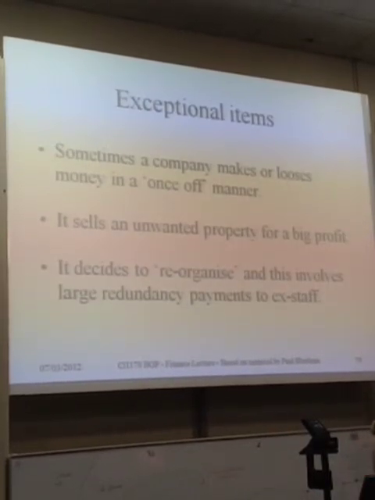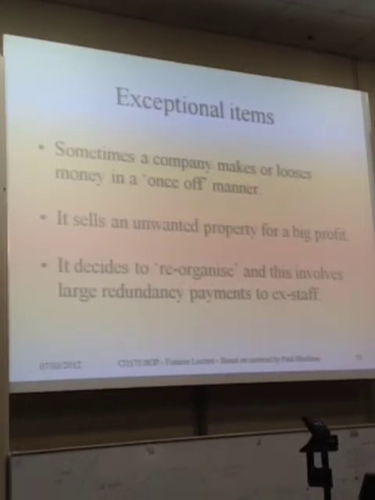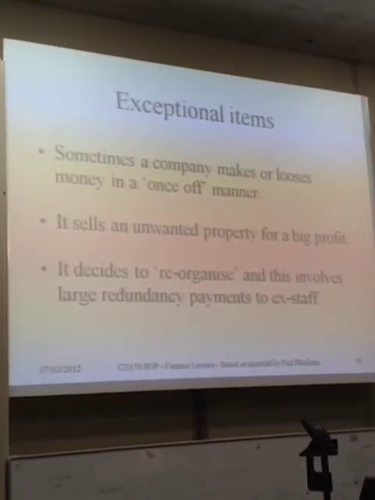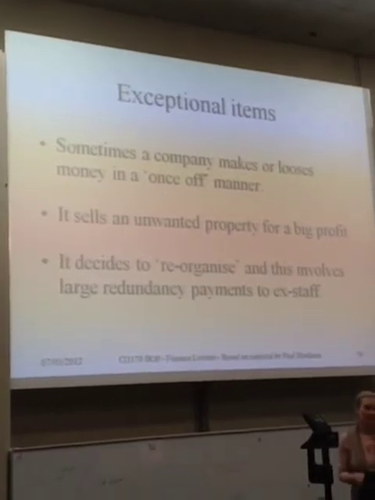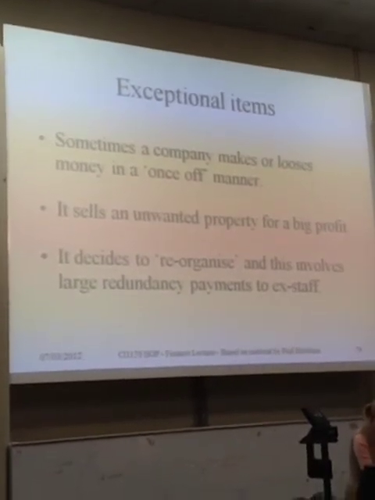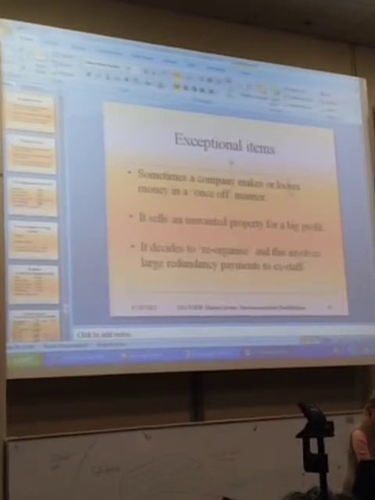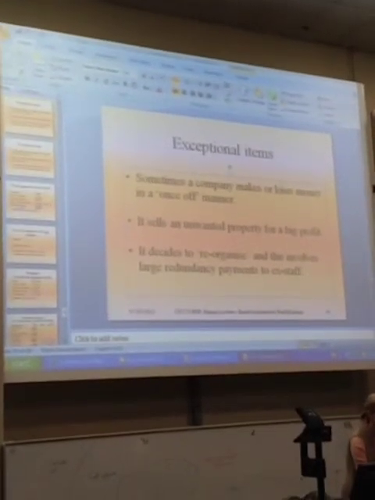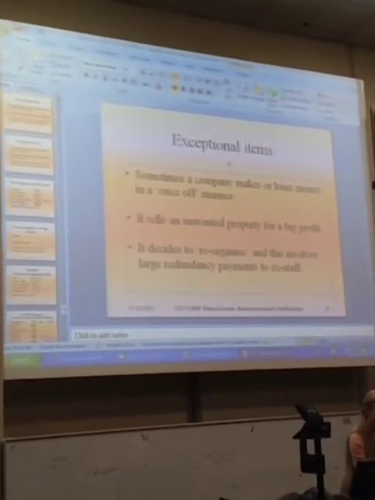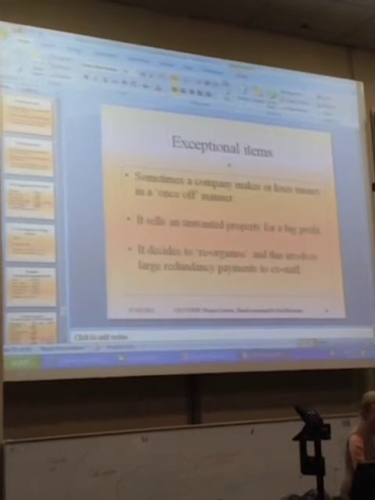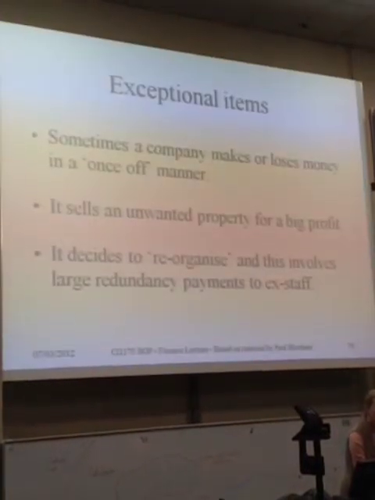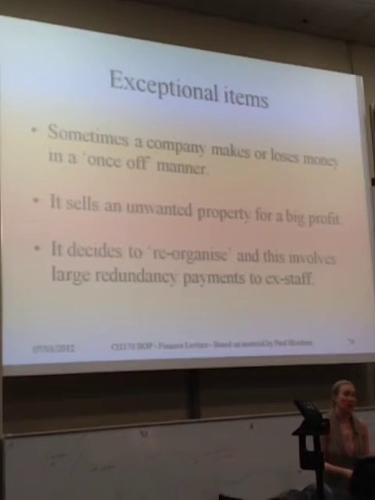Sometimes there are what we would call abnormal or exceptional items that go through a profit and loss account, and this is just purely for your interest. Sometimes a company loses money in a once-off manner.